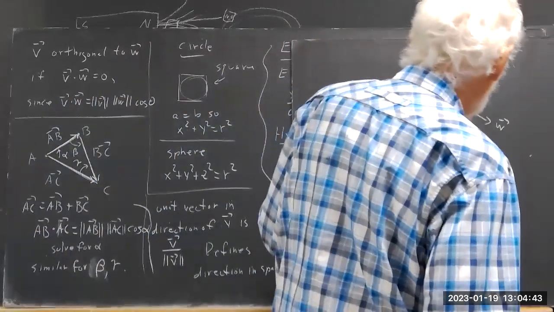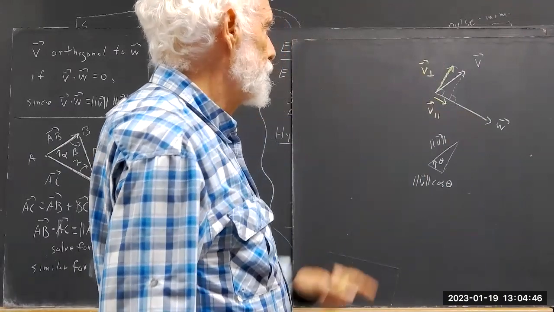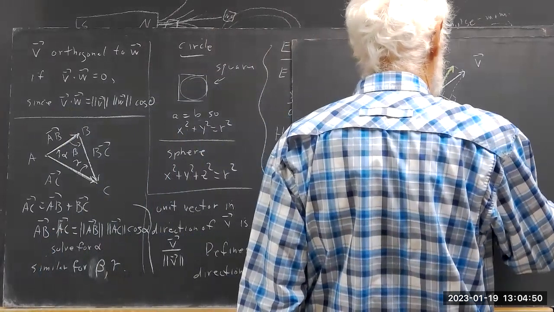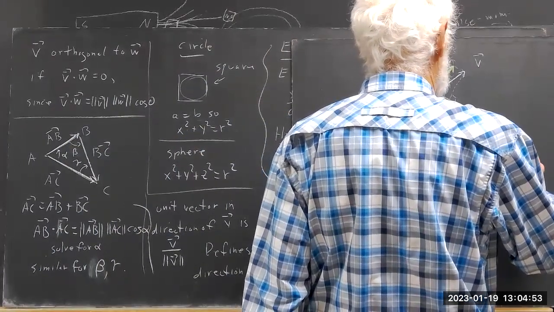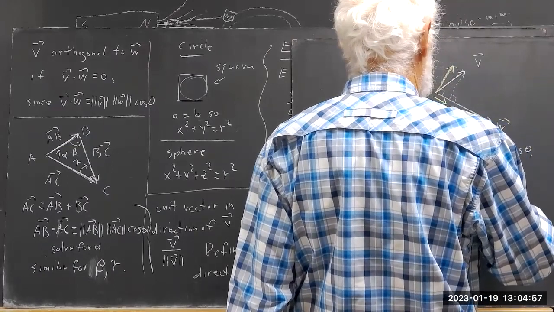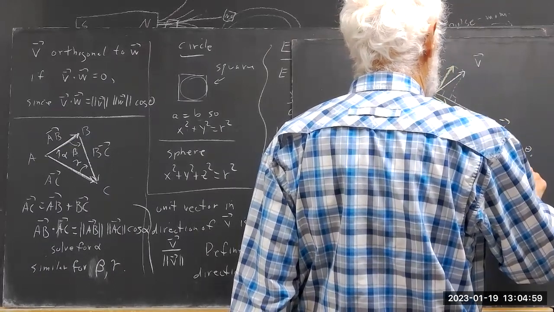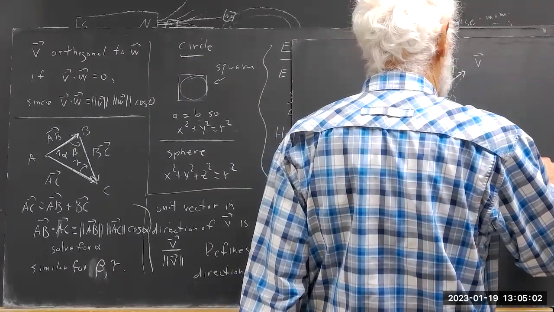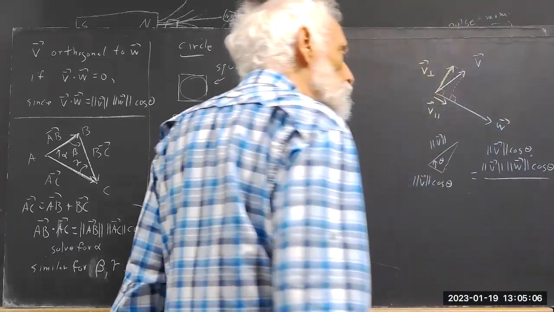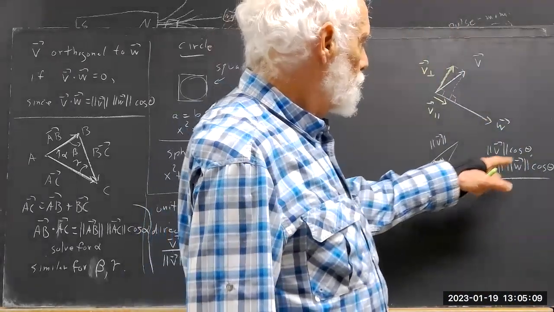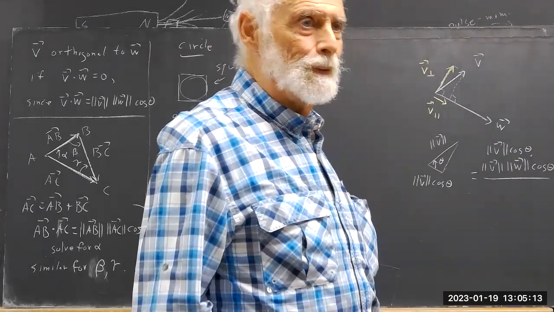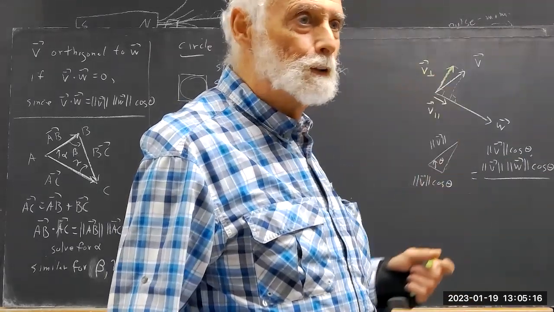Okay. So we have this, and conveniently, magnitude of B cosine theta is what? Magnitude of B, magnitude of W cosine theta divided by what? Show me a letter with your fingers.